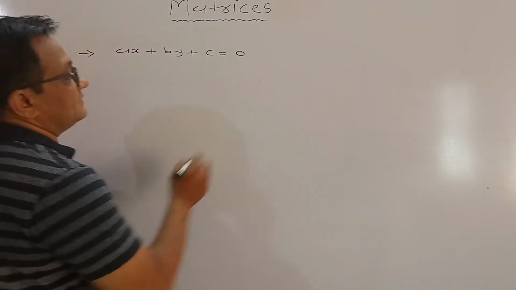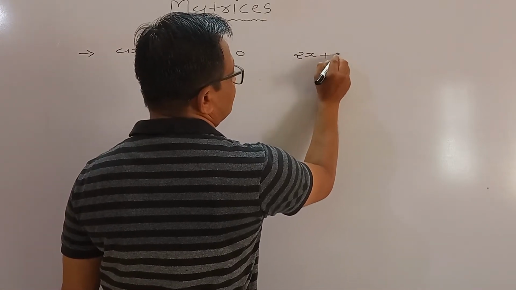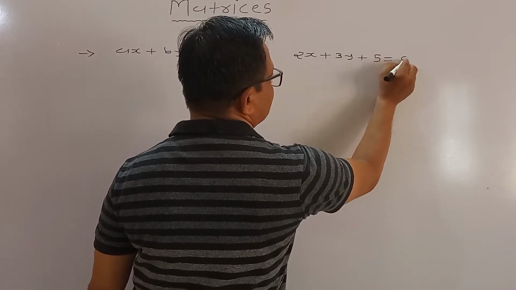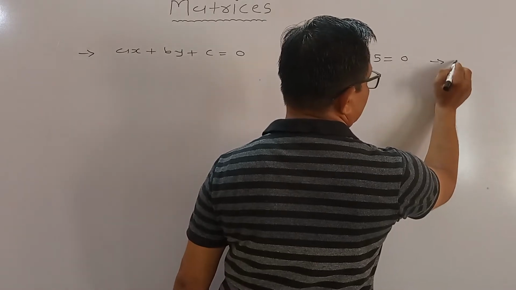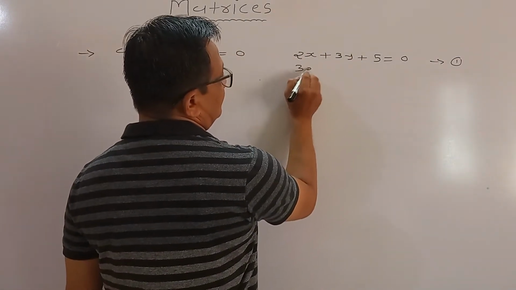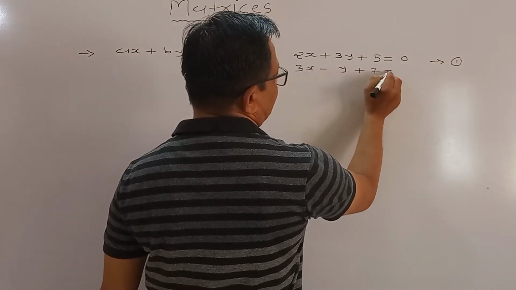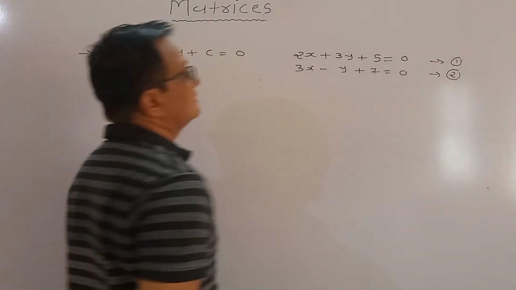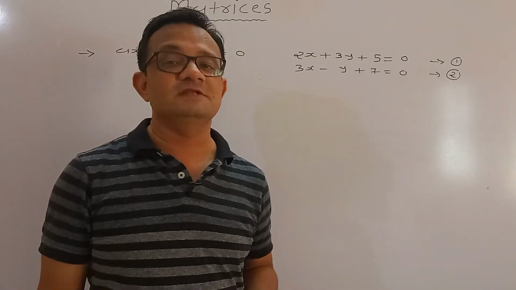From that, write two equations: 2x plus 3y plus 5 is equal to 0, say equation number 1, and another equation 3x minus y plus 7 is equal to 0, say equation number 2. Now we have two equations, two variable linear equations, which we can call simultaneous linear equations.